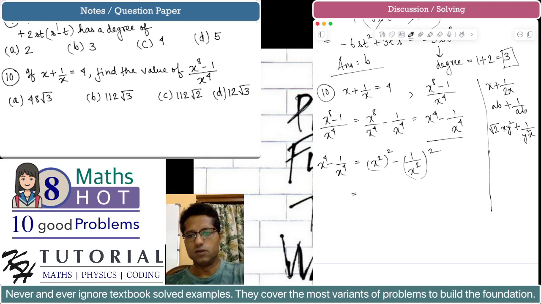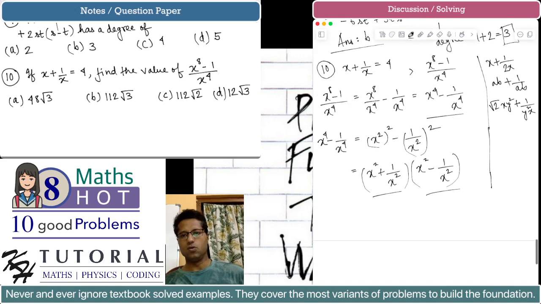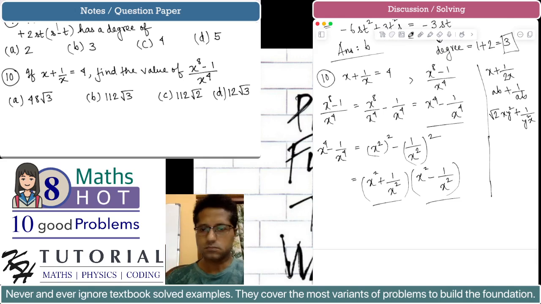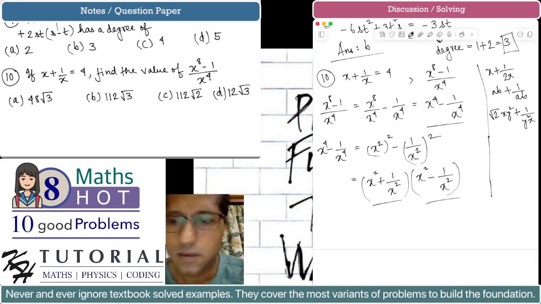So this is equal to, if you apply the identity of a square minus b square, which is a plus b into a minus b, x square plus 1 by x square multiplied by x square minus 1 by x square. So somehow we have to find the value of these two. We can easily find it because we know x plus 1 by x.